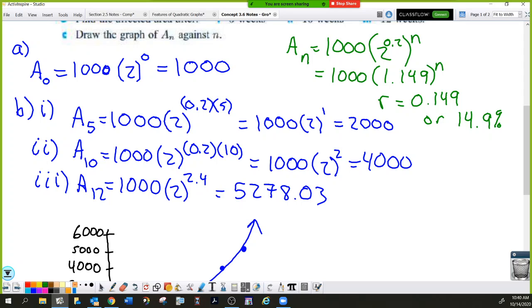Because the thing inside the parentheses is either 1 plus R or it's 1 minus R. It's clearly 0.149 more than 1. So it has a growth rate of 14.9%. Cool? Now it fits the mold. Now, of course, that's a rounded exponential base, but that's kind of what we have to do. Okay. That wasn't in the notes, but it is definitely worthwhile.